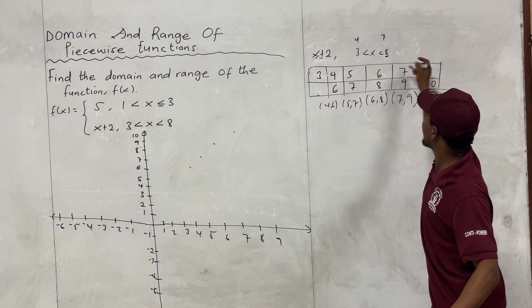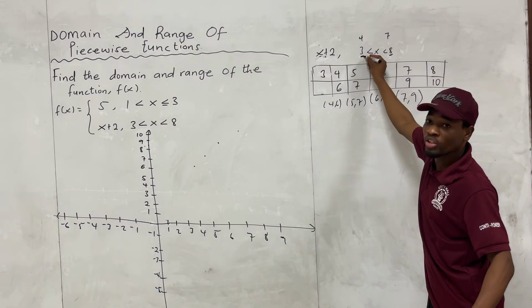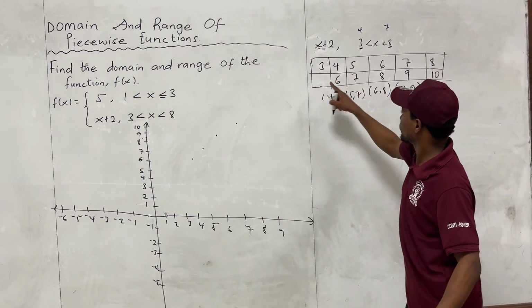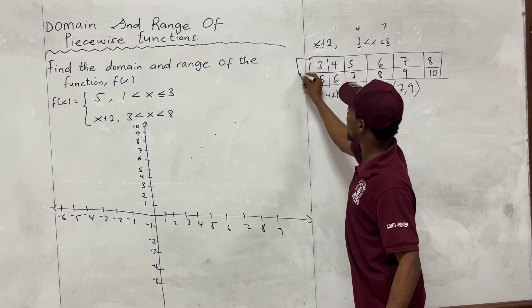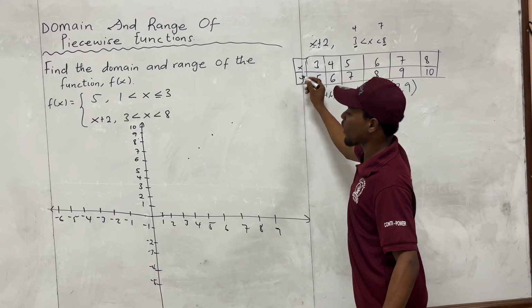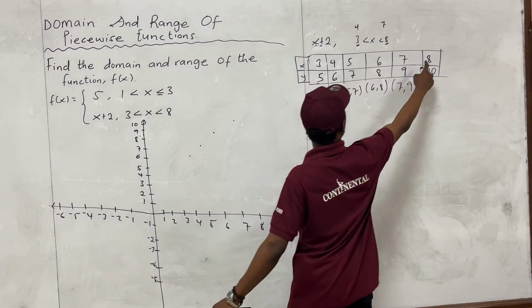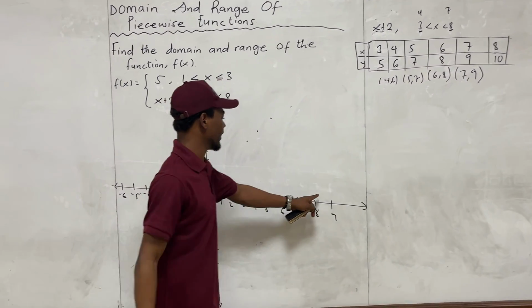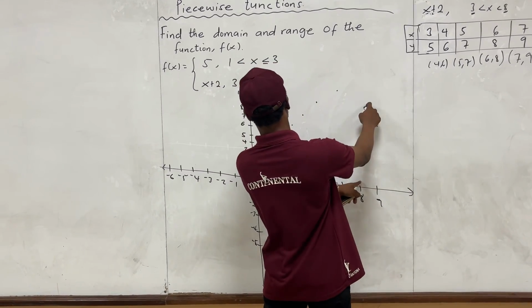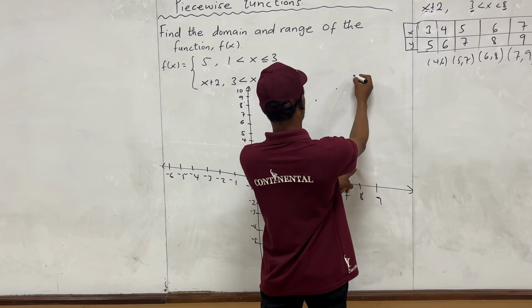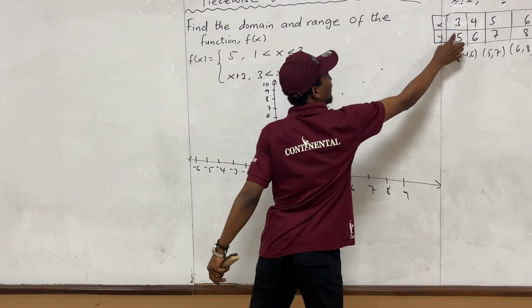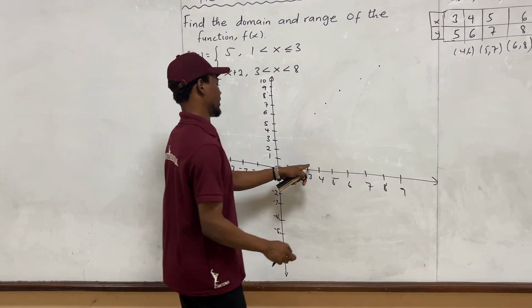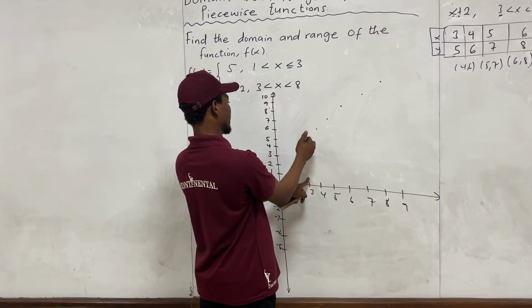I'm including 8 here and I'll also include 3 here. So here it's supposed to be 5. So I have x and y. I have 8, 10. This is 8 and 10 will be somewhere here. I have 3, 5. This is 3, and 5 is somewhere here.